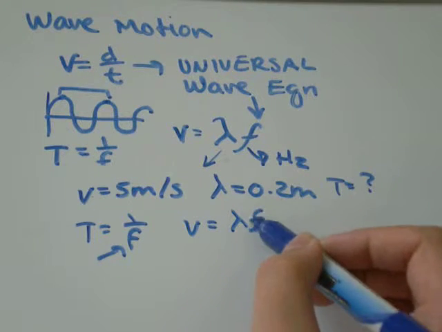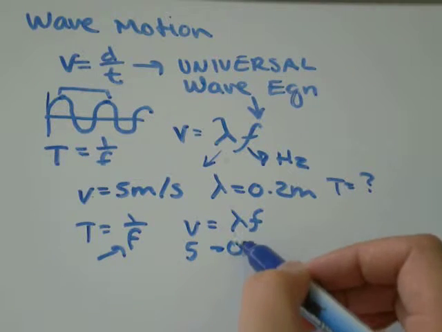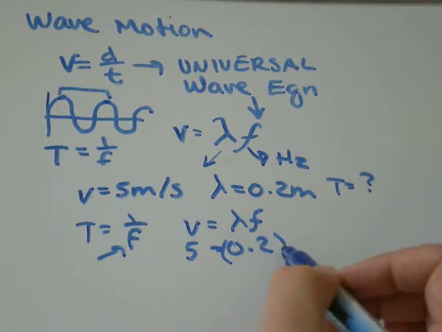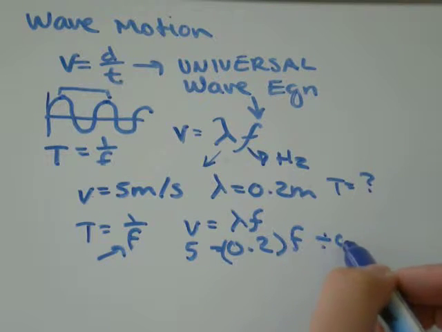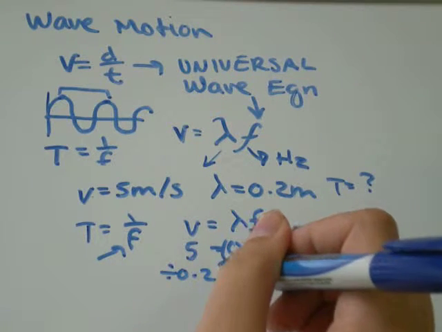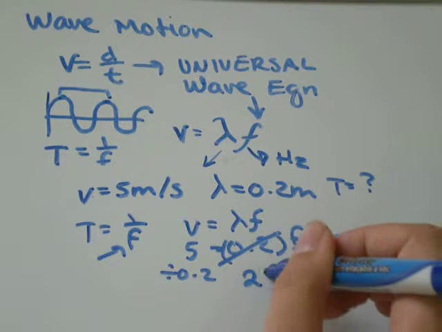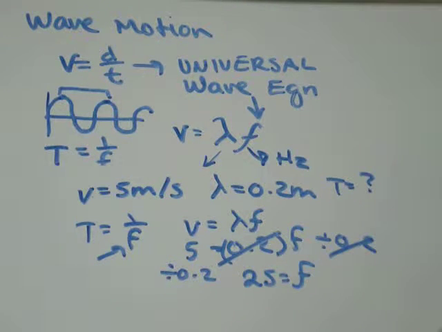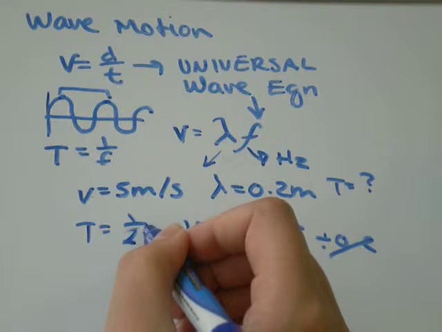Velocity is lambda times f, because we have velocity, we have lambda, and we can use that information to solve for f. So all we'll do is divide by 0.2 on both sides, and 5 divided by 0.2, I get that's equal to 25. So 25 equals the frequency, so that's what I'll plug in over here.